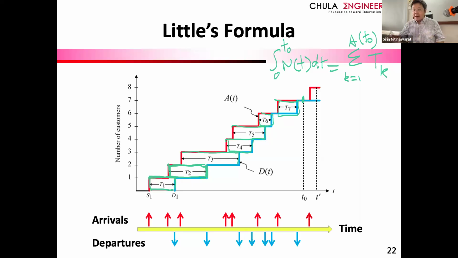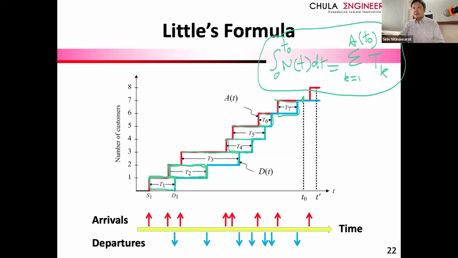Because the left side is the integral of the area between the red and blue curves, and I just convinced you that this vertical integration is also equal to the discrete horizontal sum of the different sub-areas T1 to T7. So I get that identity.